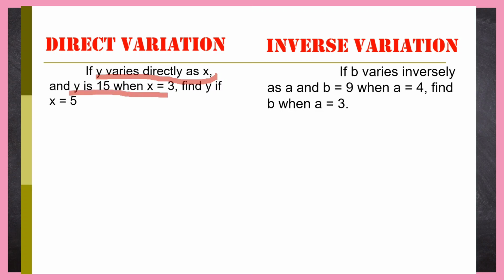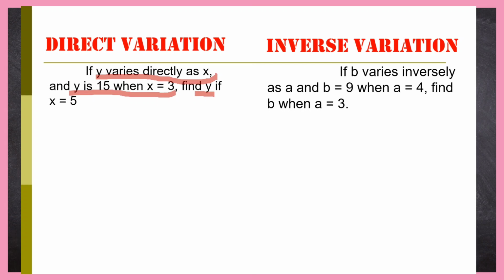Pag kukunin mo yung constant of variation, ang gagamitin mo muna ay yung first set of ordered pairs of numbers. Then, after that, pag meron na tayong constant of variation at naisulat mo na yung equation of variation, dun pa lang natin hahanapin yung value ng y natin.